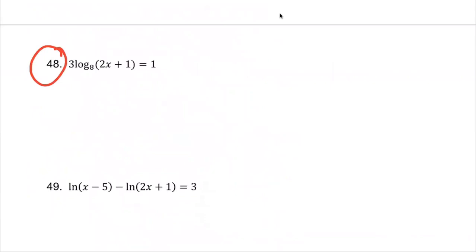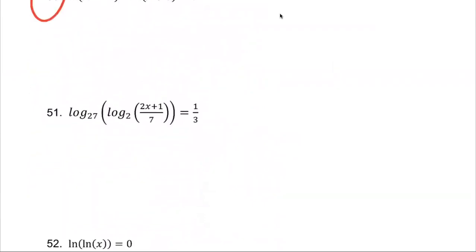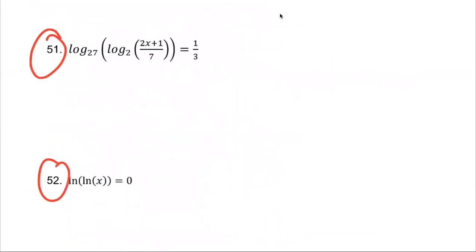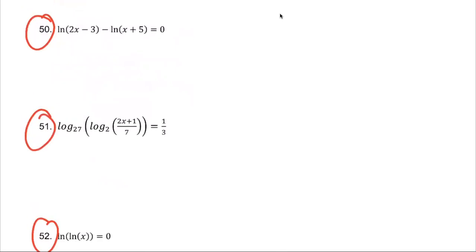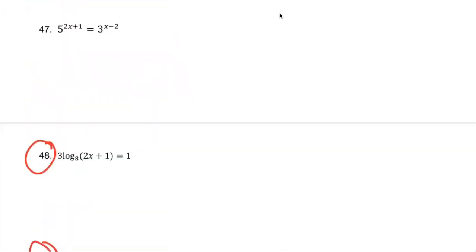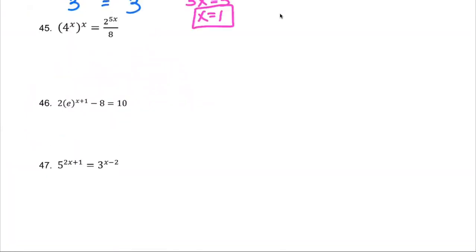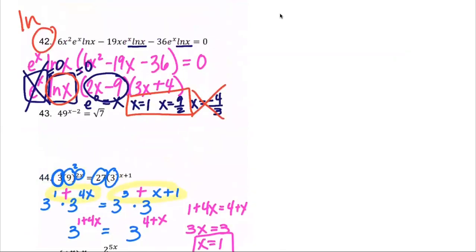You would want to check 48 and 49 and 50 and 51 and 52. So what they all have in common is that they have a natural log or they have a log as the equation, but ones that are just exponential, that have e's or just numbers, you don't need to check those.